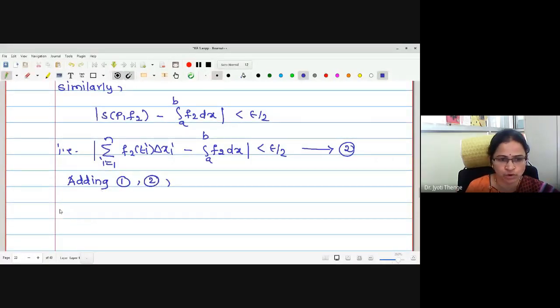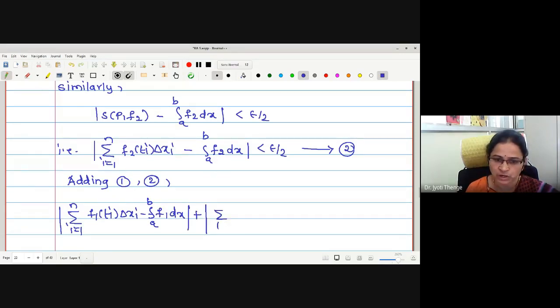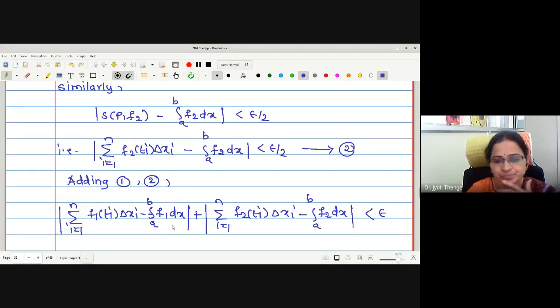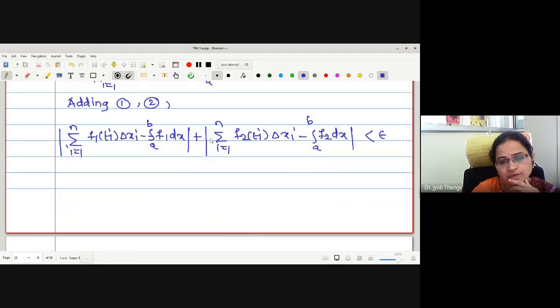Separately we have to add the modulus: summation i equals 1 to n f1(ti) delta xi minus integration a to b f1 dx, added with another modulus summation i equals 1 to n f2(ti) delta xi minus integration a to b f2 dx, less than epsilon by 2 plus epsilon by 2 on the right side, so that this will be epsilon. Now the next step I want to do is combine the modulus.